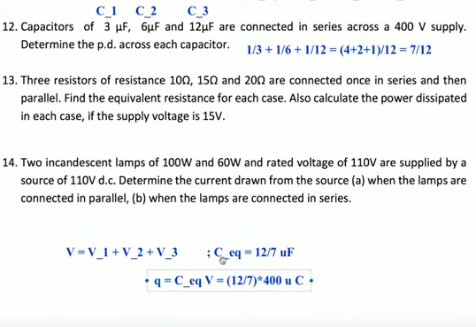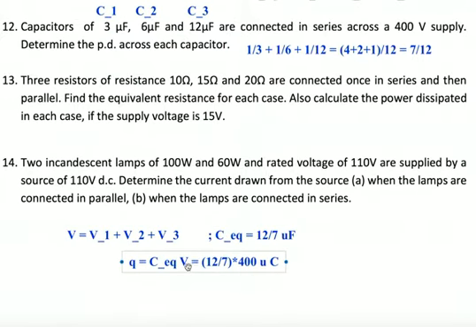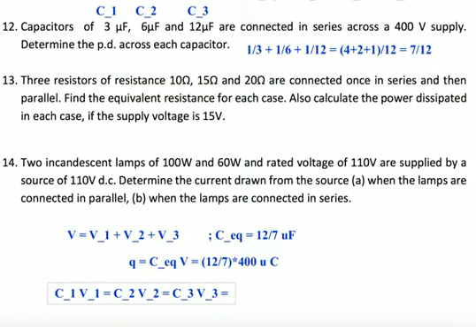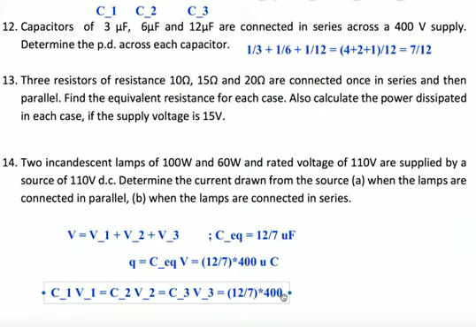Like I mentioned earlier, the charge is the same for each element in the series-connected capacitors. So C1 V1 equals C2 V2 equals C3 V3, which equals 12 by 7 into 400. This is in microcoulomb, don't forget that.